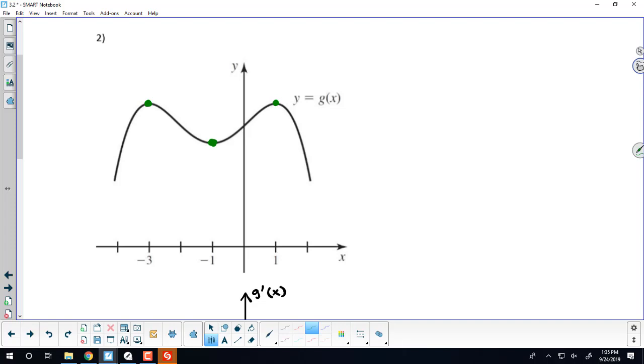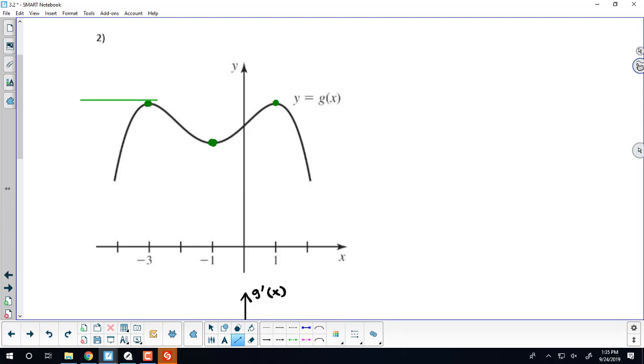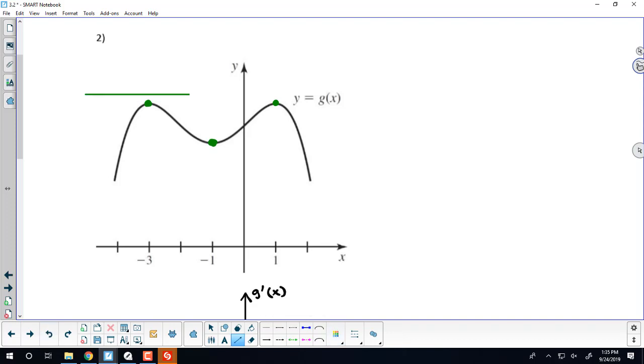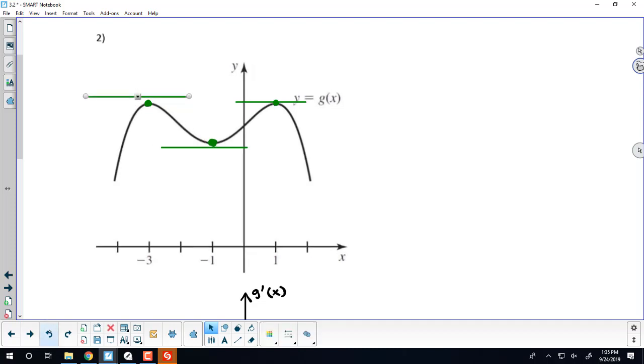So at all three of those locations, we have a horizontal tangent. Horizontal tangent, horizontal tangent, and horizontal tangent.